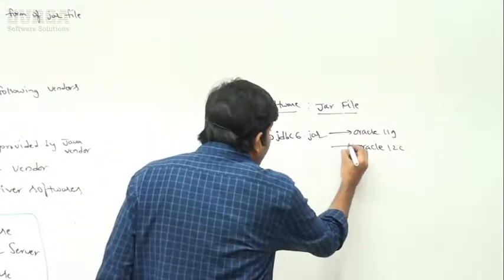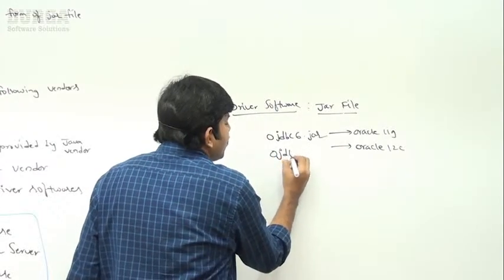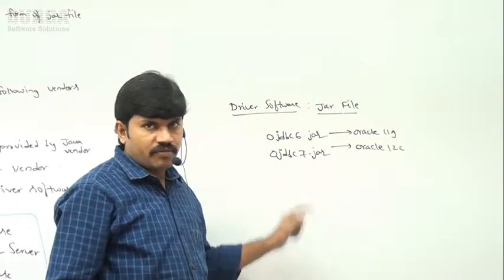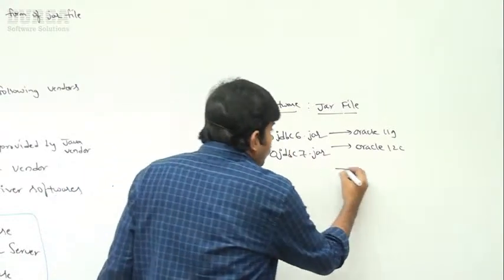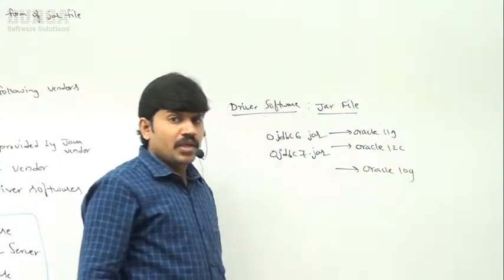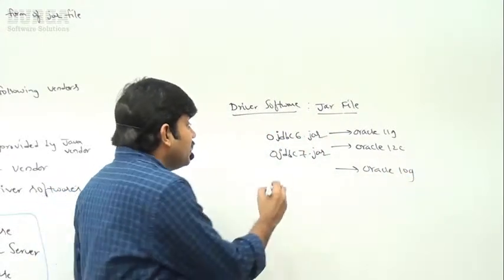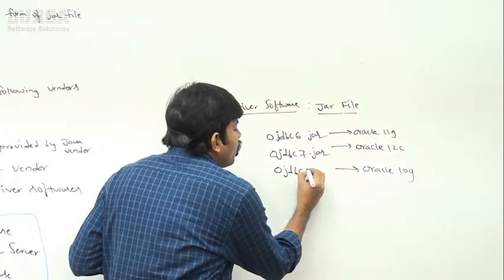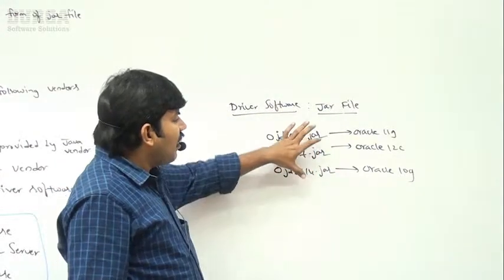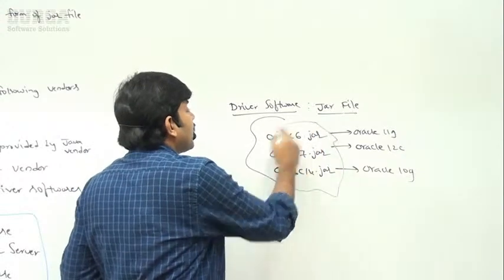Then immediately OJDBC7.jar. This is the driver software. Sir, I want to communicate with Oracle 10G. Then we should go for OJDBC14.jar. Remember this one. All these things are driver softwares.